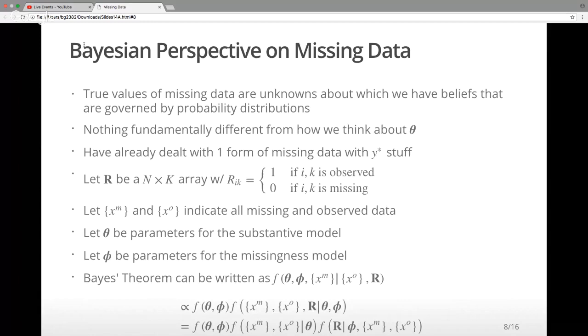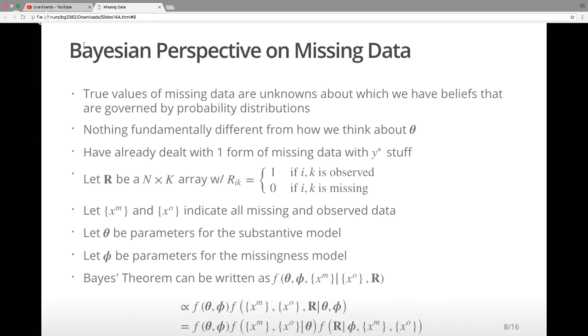And often we're going to go further and factorize that one more time: a prior on theta and phi, a PDF for the missing values and the observed values together given theta, and another distribution for R given phi and the union of the missing values and the observed values of the data. So again, just using the multiplication rule, we're getting updated beliefs about theta, phi, and XM.